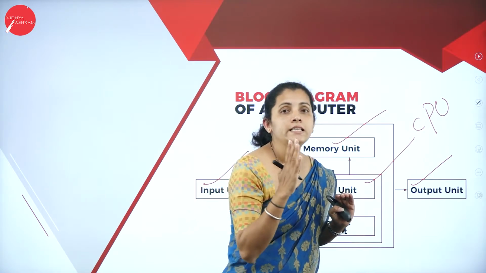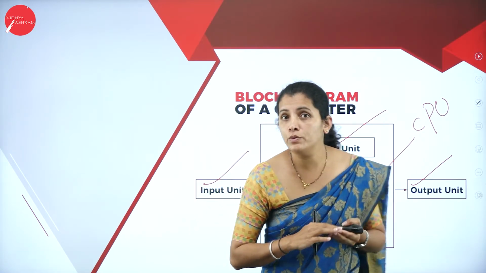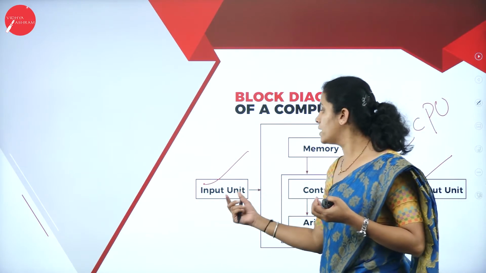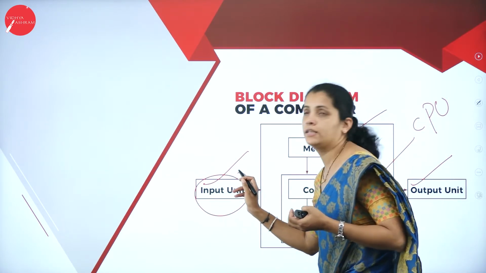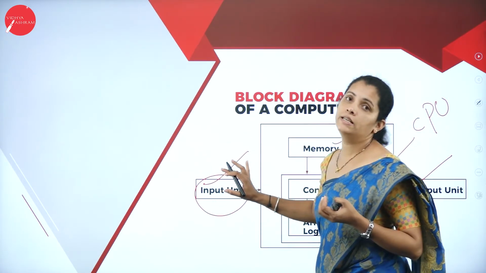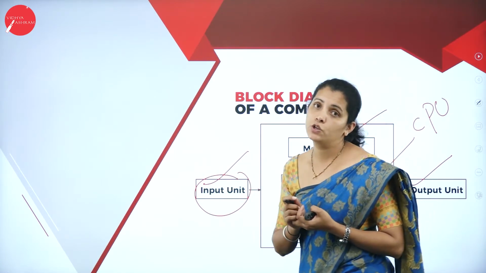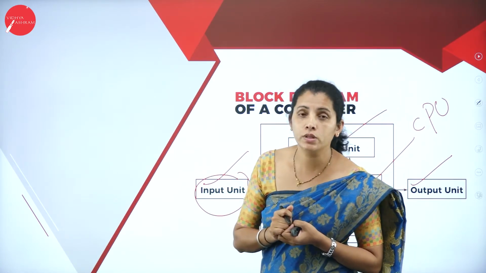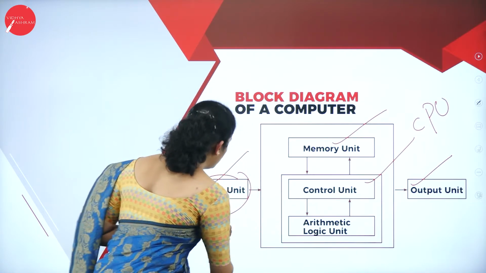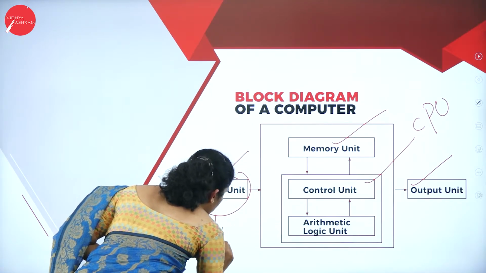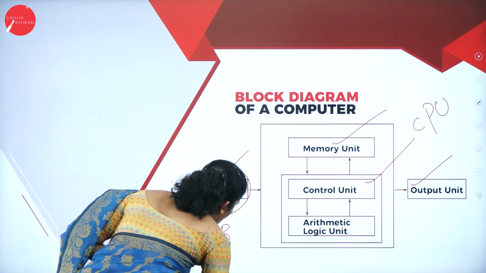So let's see the parts of the computer system one by one. So what is input unit? Here input unit is nothing but the device used to feed the data to the computer system. The best example here is keyboard and mouse.